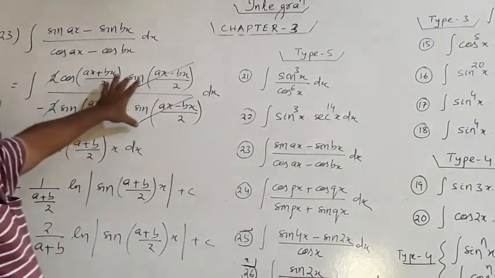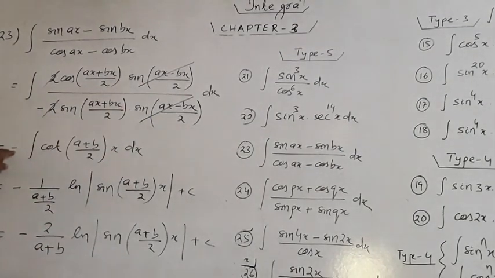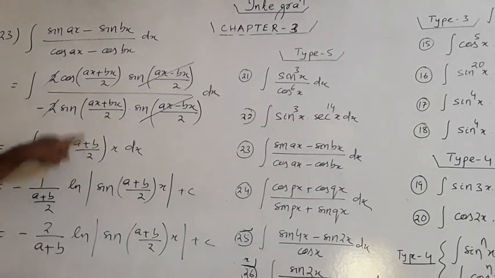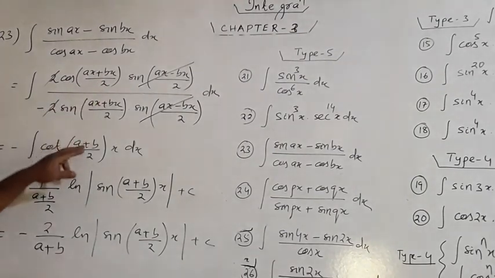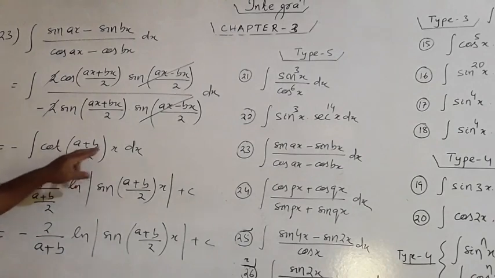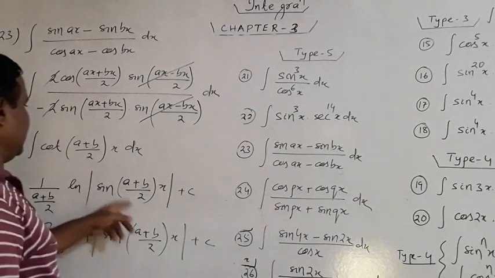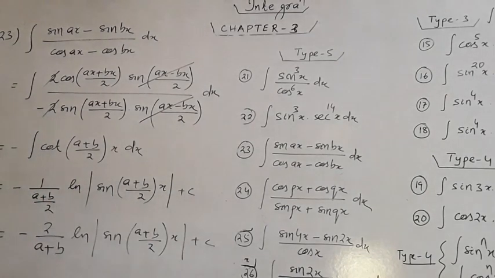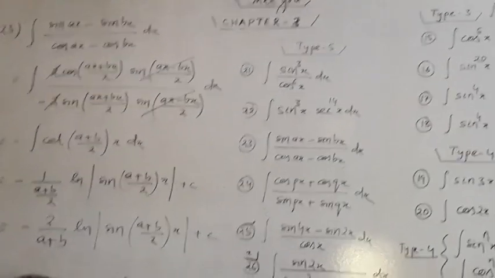Now this part they cancel each other. It becomes minus cot of ax plus bx by 2. I am taking a plus b by 2 whole into x dx. Cot mx integration is minus 1 by m ln sin mx plus c. Okay. And this is the answer.